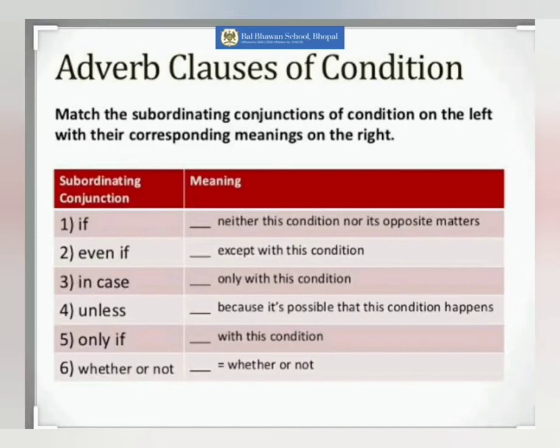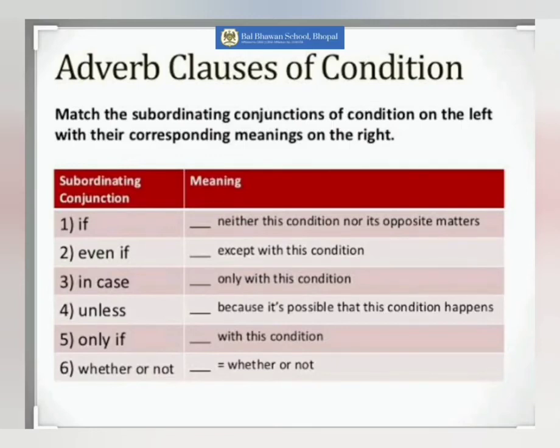Clauses of condition are introduced by subordinating conjunctions if, whether, provided that, so long as, and unless. For example, there will be no problem provided that you keep yourself out of this mess. You will have to take the medicine whether you like it or not.